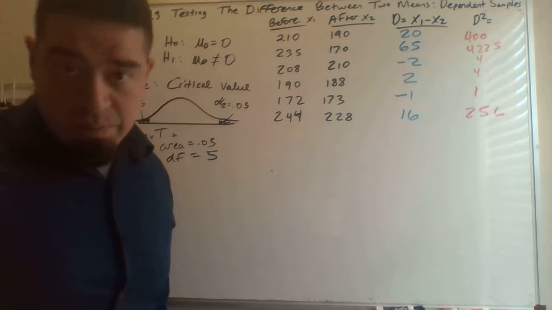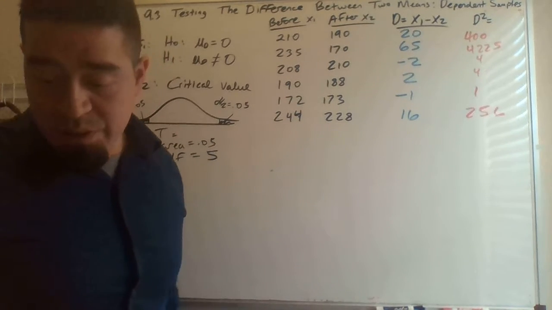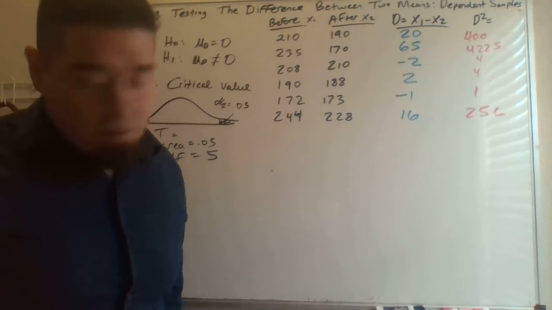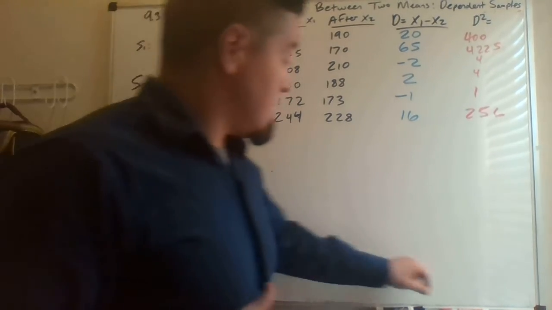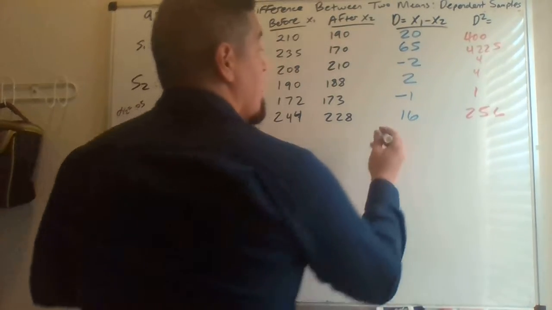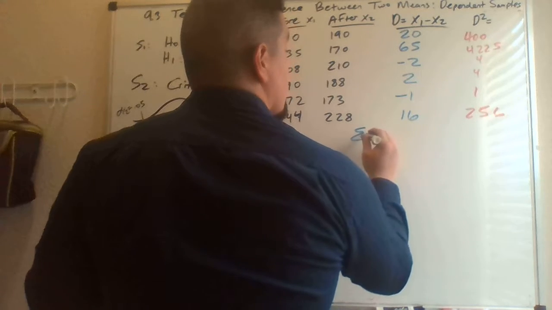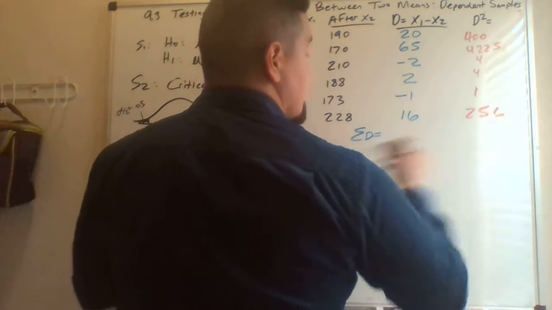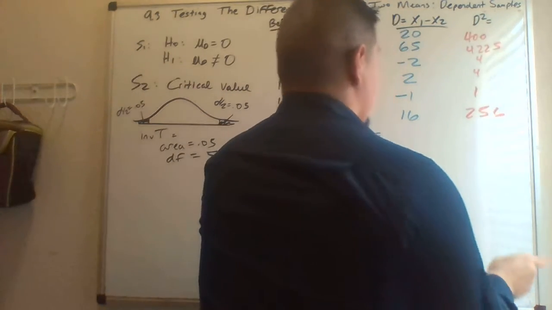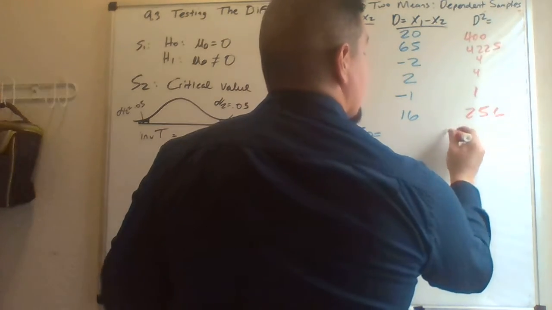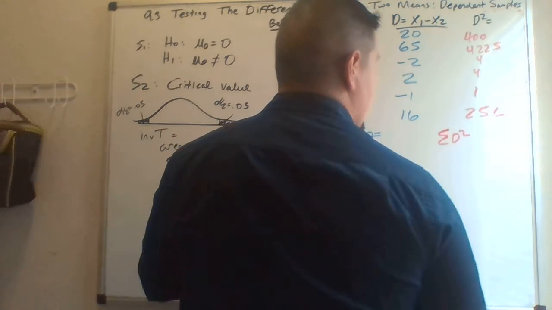Okay, so now that we have our lists filled in, we want to find the sum of the differences, and we also want to find the sum of the differences squared. We'll use the calculator for both of these.